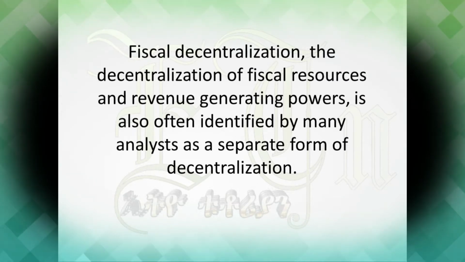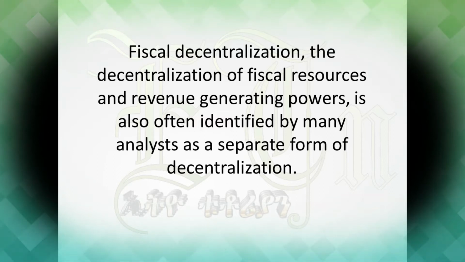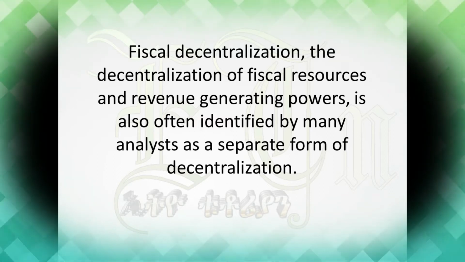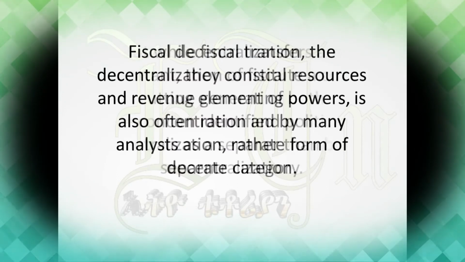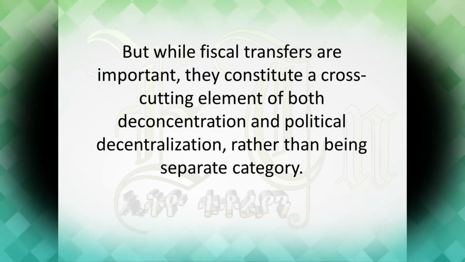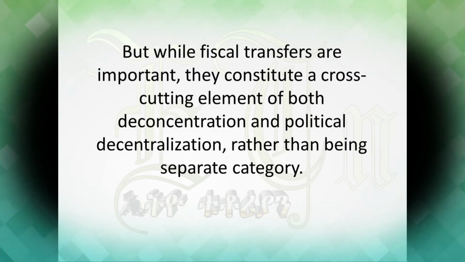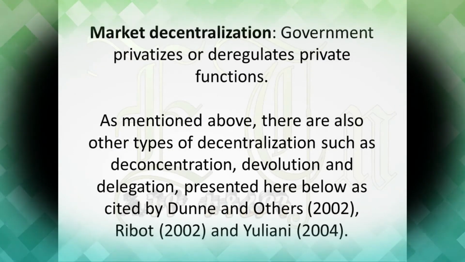Fiscal decentralization, the decentralization of fiscal resources and revenue-generating powers, is also often identified by many analysts as a separate form of decentralization. But while fiscal transfers are important, they constitute a cross-cutting element of both deconcentration and political decentralization, rather than being a separate category. Market decentralization: government privatizes or deregulates private functions.